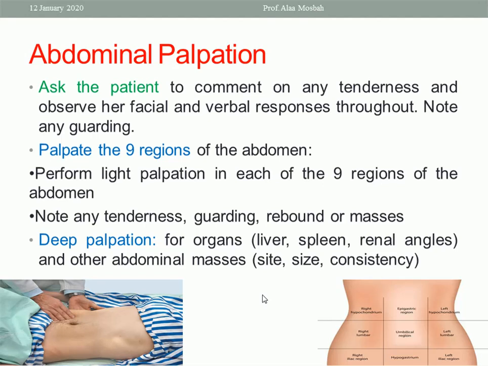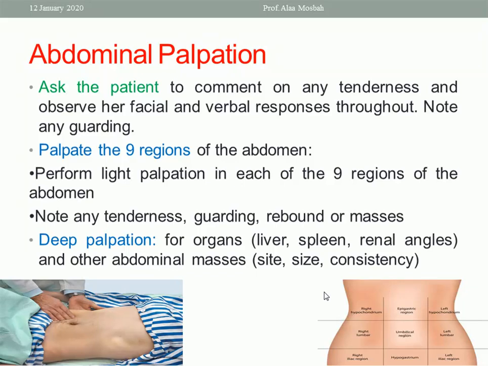When you find any mass in the abdomen, like an ovarian mass or uterine mass, you should describe the site, the size, the shape, the consistency, and the mobility of the mass from side to side and up and down. Is it fixed, of limited mobility, or freely mobile?